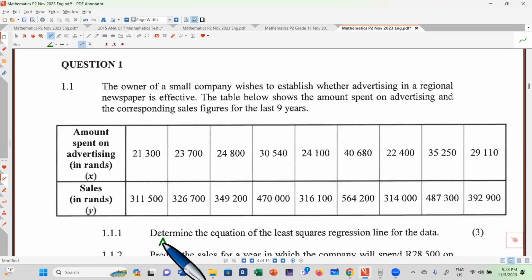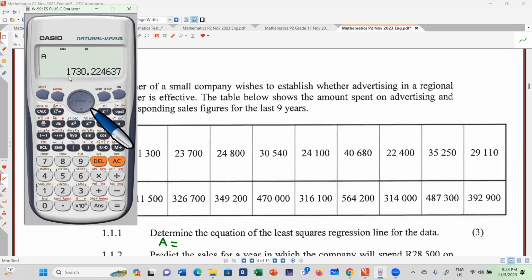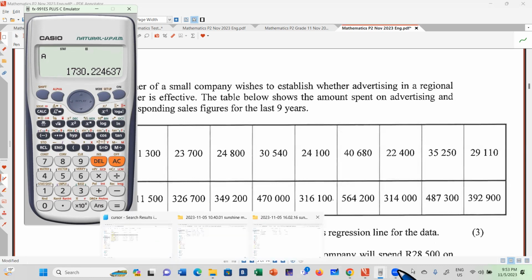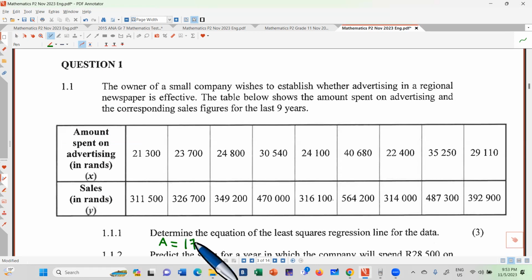Okay, I'm going to read it. So A is 1730.22. That is A.